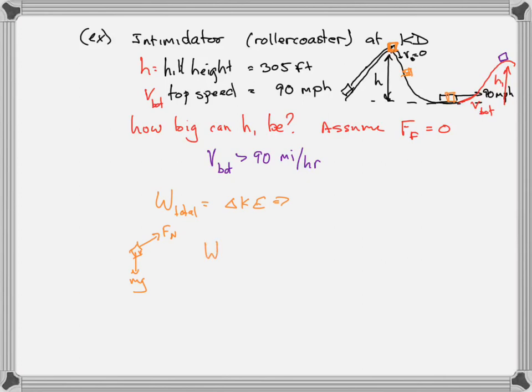So the total work done, which equals change in kinetic energy by the work-energy theorem, is going to be the work done by gravity plus the work done by the normal force. We've already argued that the work done by the normal force is 0 because it is always perpendicular to the displacement, even if the track is wonky.